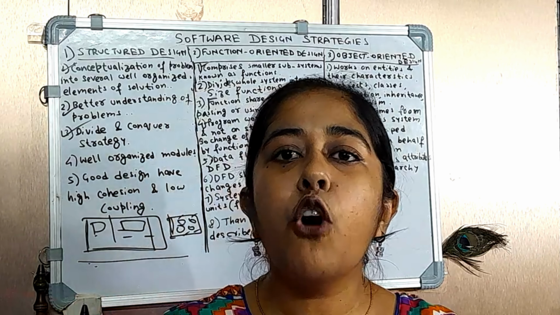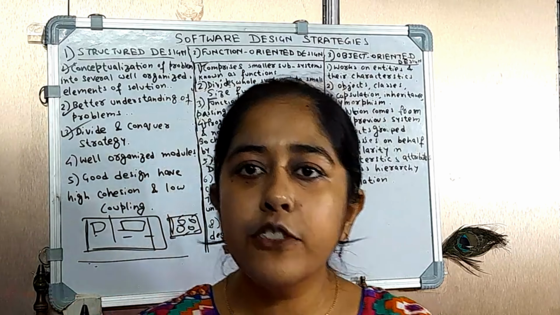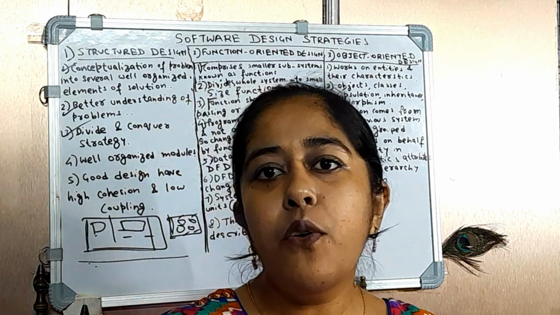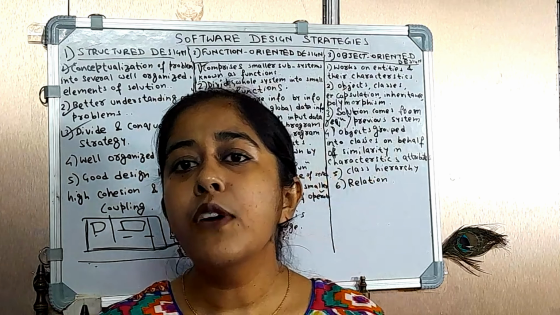So we divide and conquer, going from the big system to small subsystems, and then solving those problems. If you break your system into subsystems and then modules and work on them, what does it help with?